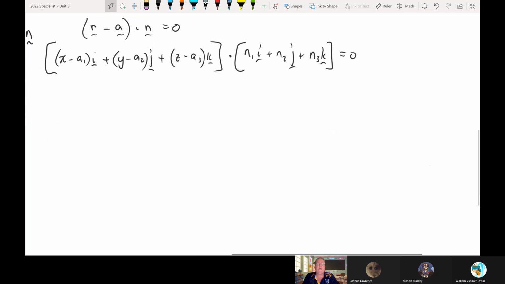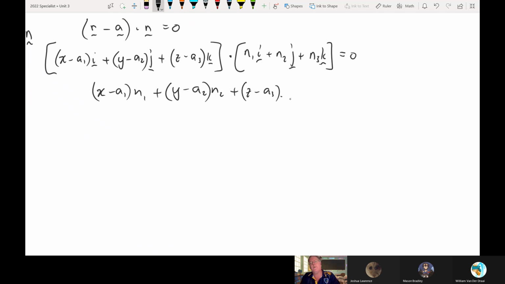Now we're going to dot product this. Looks nasty, please excuse me, but it's not too bad. Remember with dot product, we just collect the i terms together and multiply them together. So it's x minus a1 times n1 plus y minus a2 times n2 plus z minus a3 times n3 equals 0.